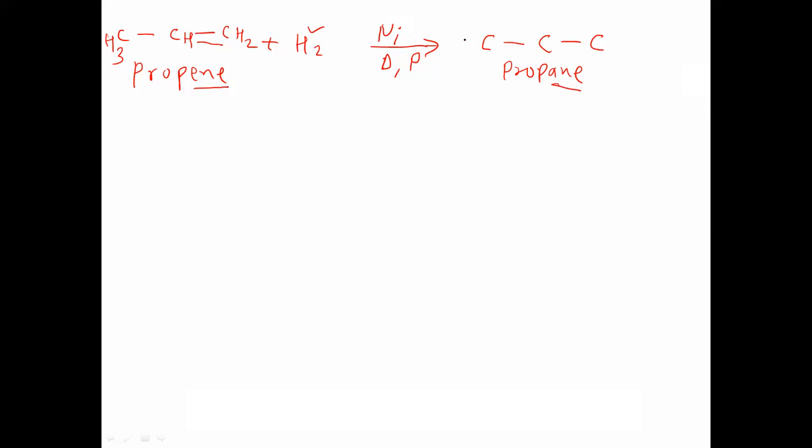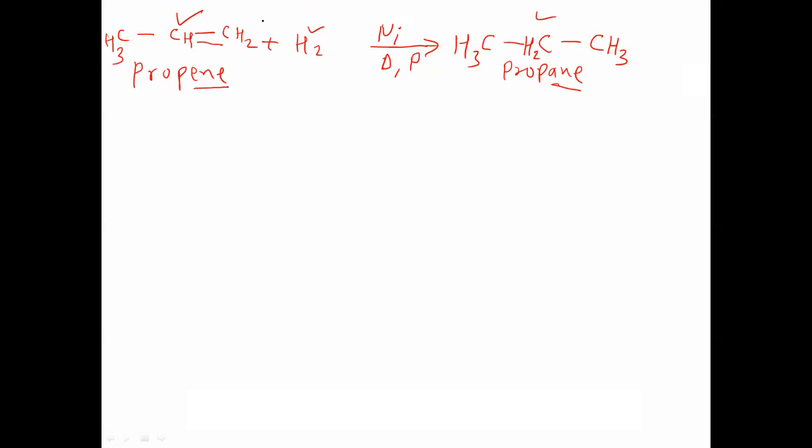Okay. So we will get here CH3 will remain as it is. Here CH was there, one hydrogen added. So here we get CH2. Here it was CH2 previously, one hydrogen atom added means it becomes CH3. Okay. Now, if you compare the structure of propene and propane, this is propene and this is propane.